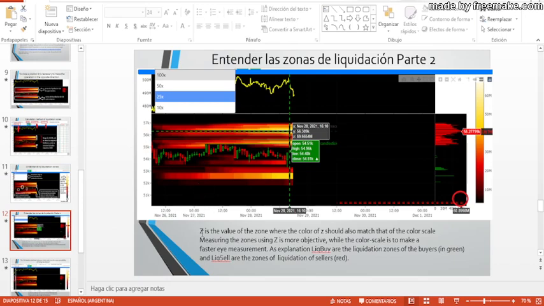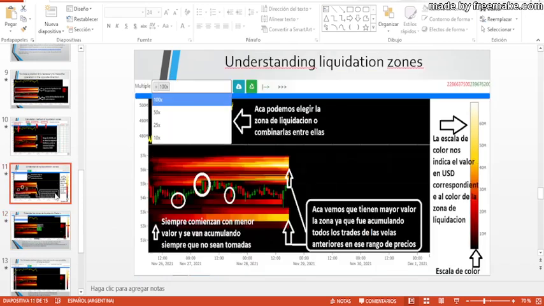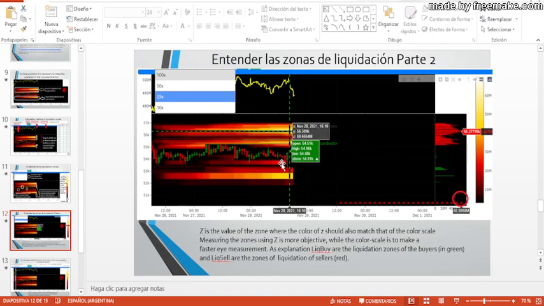To understand the liquidation zone, part 2: when you position the mouse above the liquidation zone, you will see three letters: X, Y, and Z. X has the time, Y has the price, and Z has the liquidation zone value, 69 million, which needs to match the color scale. Yellow says 60 million, around 16 million.